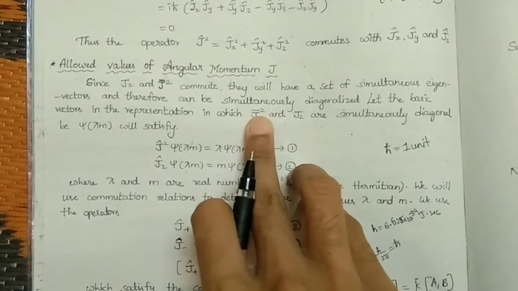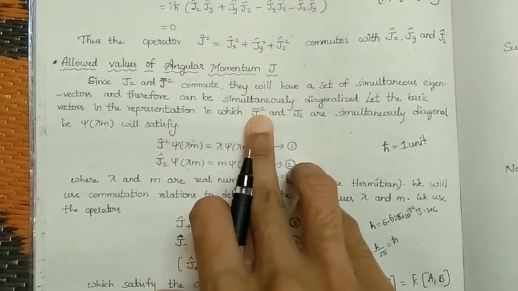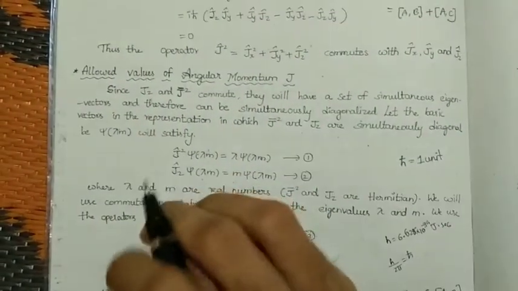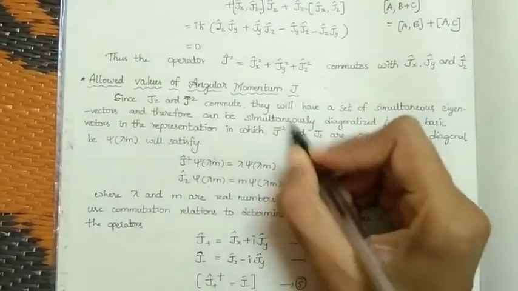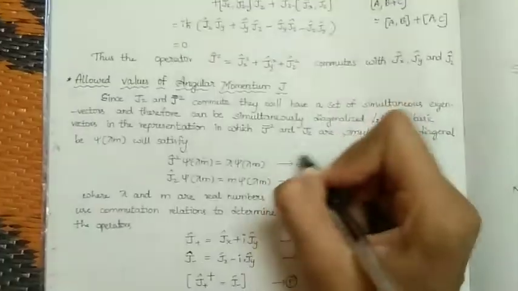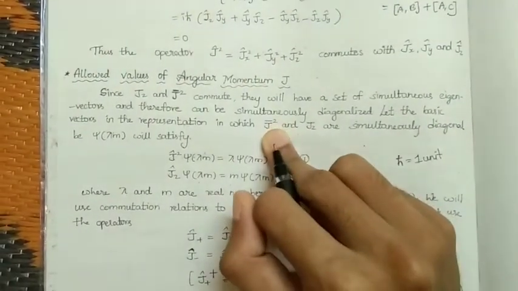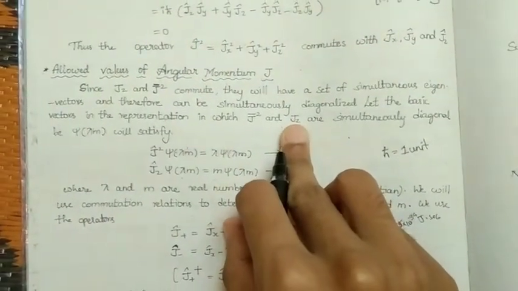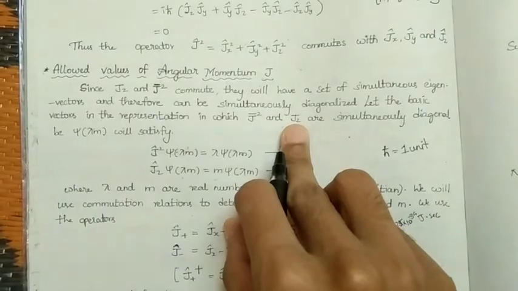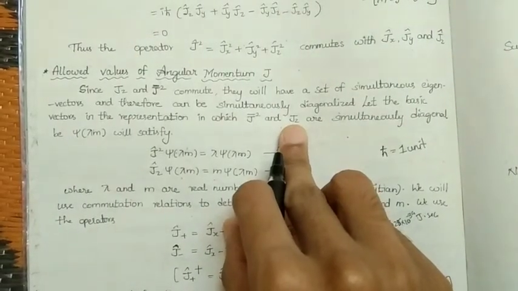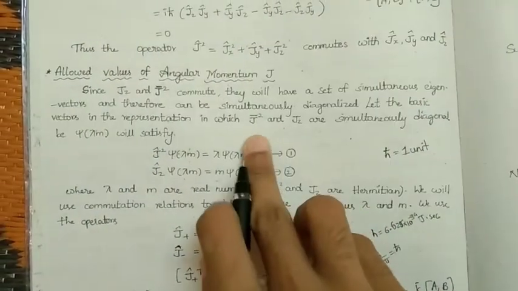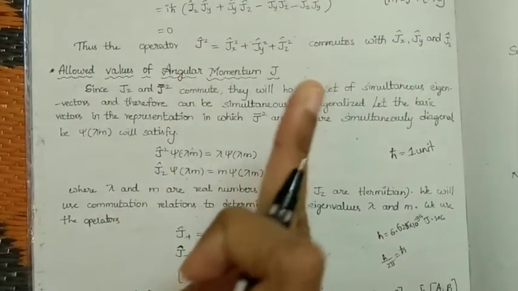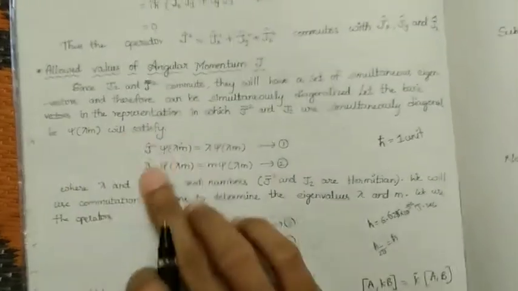That means the function we choose should stand as an eigenfunction for both of them simultaneously. A given wave function is an eigenfunction of a particular operator if, when that operator operates on the wave function, it gives the same function multiplied by its eigenvalue.